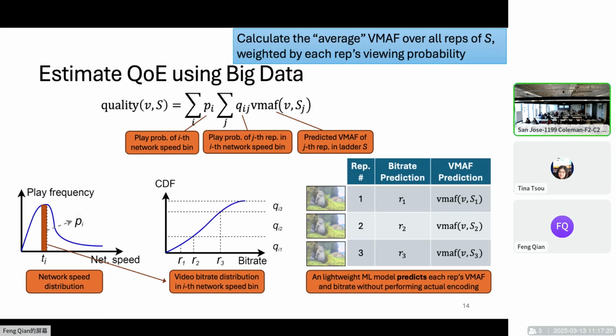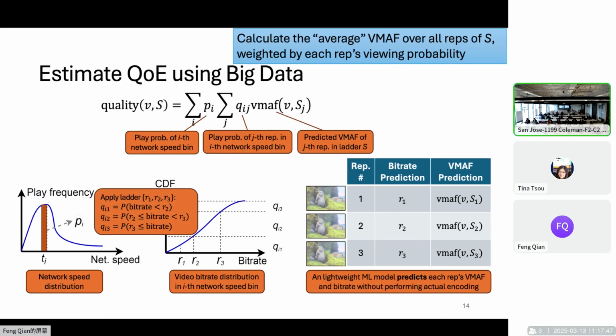Then, remember we have the predicted bitrate, right? We just plug this predicted play bitrate into the distribution and use that to calculate Qij. The idea is also not very difficult. For example, in this ladder, we have three representations. If the bitrate is less than R2, then we pick the lowest level.